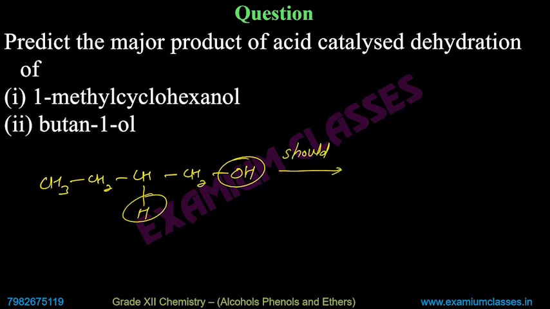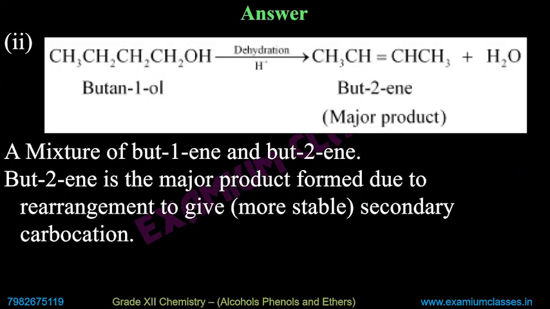What will happen, we will talk about later on. I am first writing what should happen. So it should look like this. Double bond should appear here. But what actually happens is due to the mechanism that a secondary carbocation is more stable than primary.